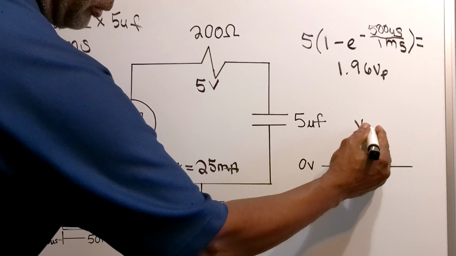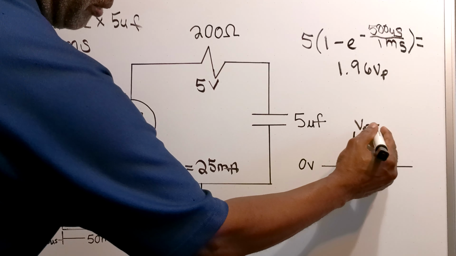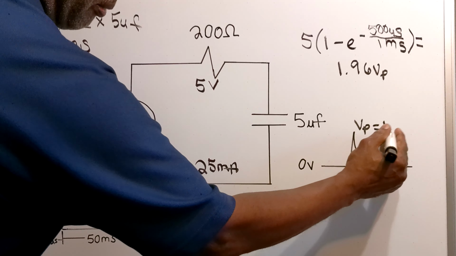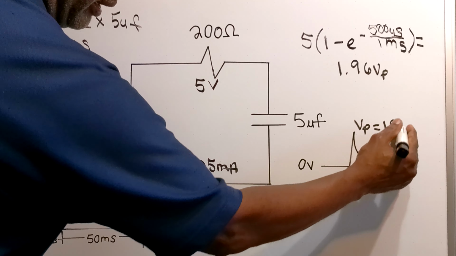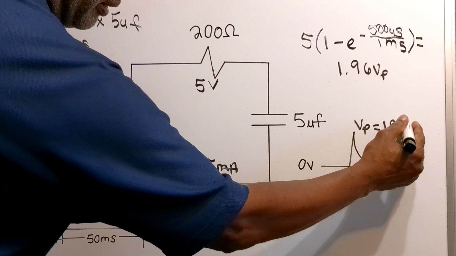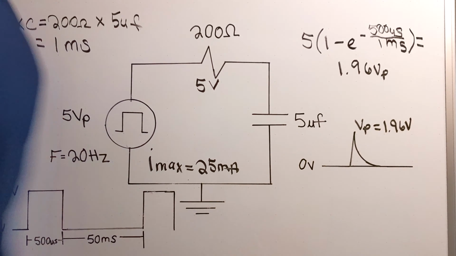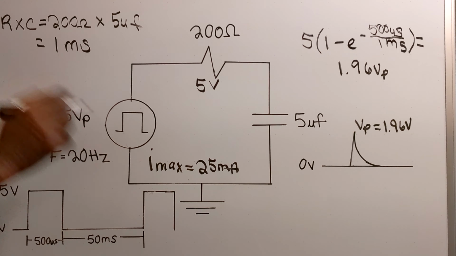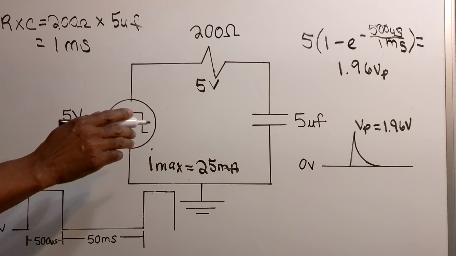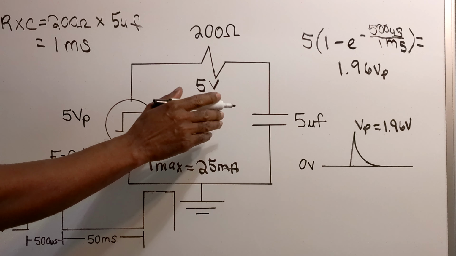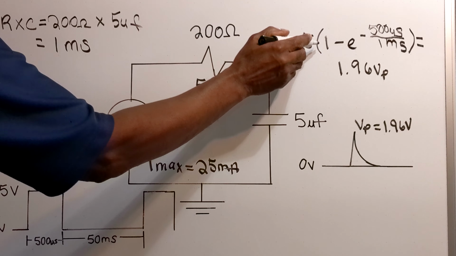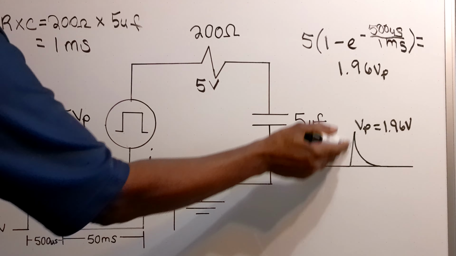So my peak voltage equals 1.96 volts. And that is my peak voltage across my capacitor, and this formula is for my rising edge.